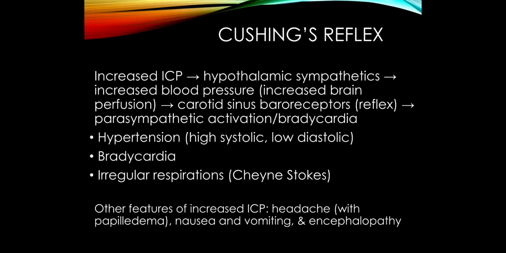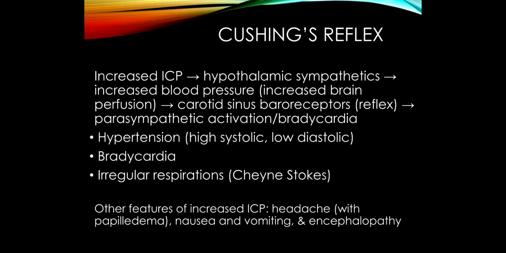Okay, so this is all involved in a very important reflex because it has a clinical application called the Cushing's reflex. And the Cushing's reflex is seen in patients that have increased intracranial pressure. It could be a tumor in the brain, it could be an intracranial hemorrhage, any mass lesion.